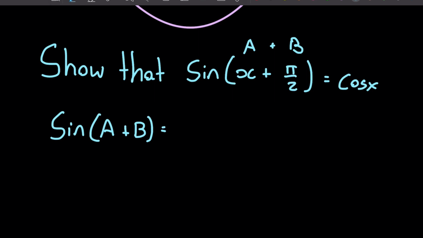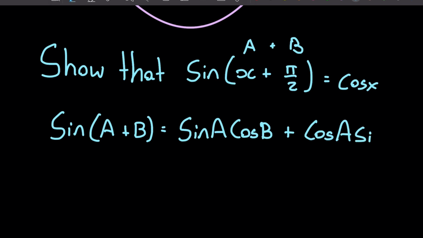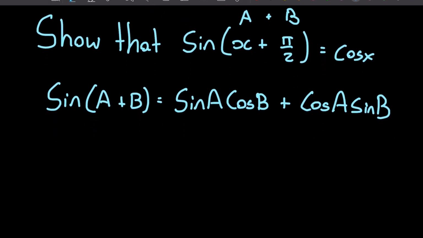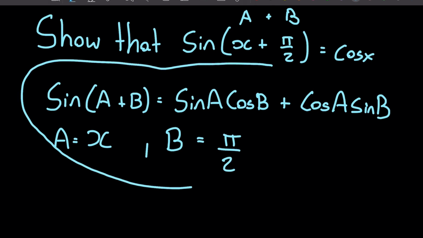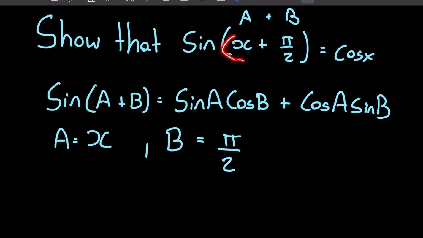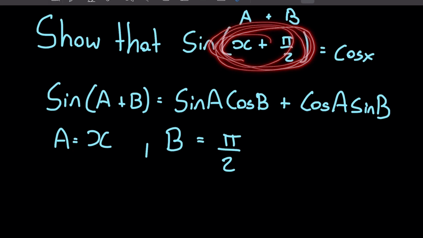So in this case, it's just sine a cos b plus cos a sine b. Now we know that in this case a is equal to x, and b is equal to pi over 2. I'm just taking these from where they were in the brackets. The first one is a and the second one is b.